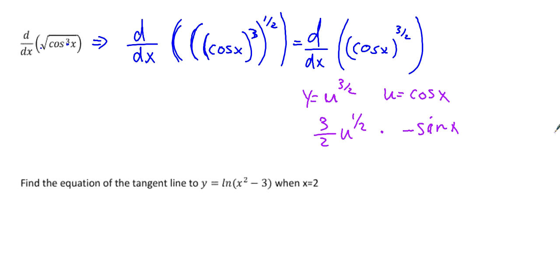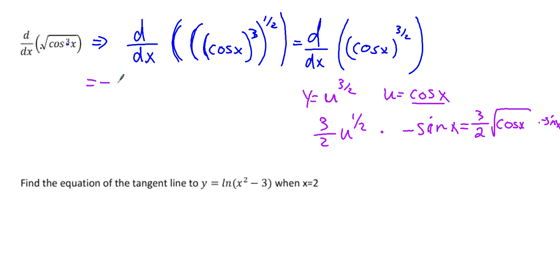And again, we can't leave it in terms of u, so we change that back to cosine x. So we have 3/2 the square root of cosine x times negative sine x. And that's our derivative. Okay, so remember, rewriting and then putting it together.